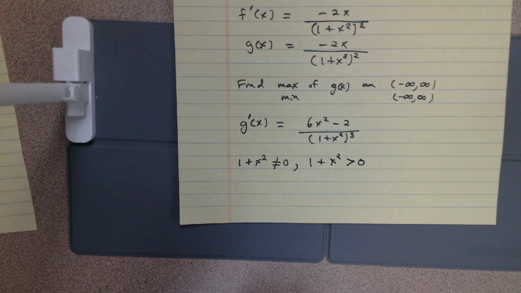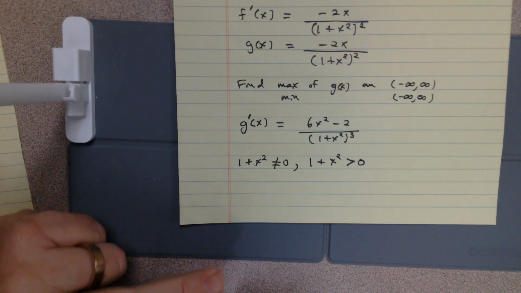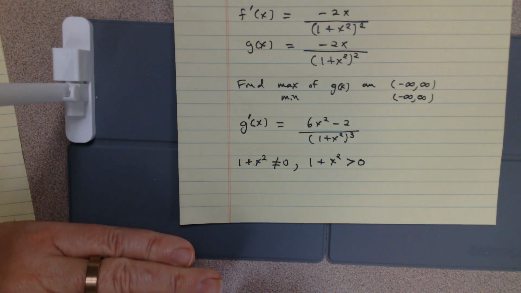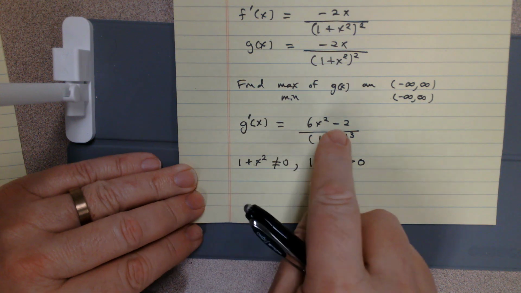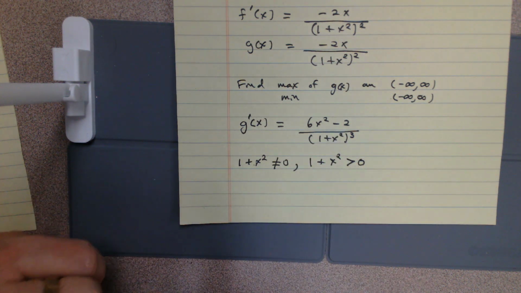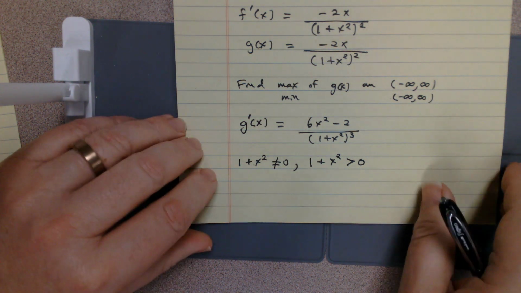This simplifies our analysis, because to find our maximums in analyzing our function, we find where the derivative is 0, but then we also look at the sign of that derivative.